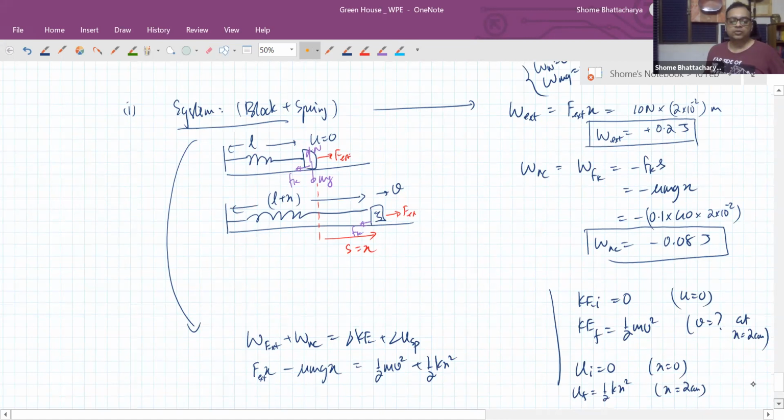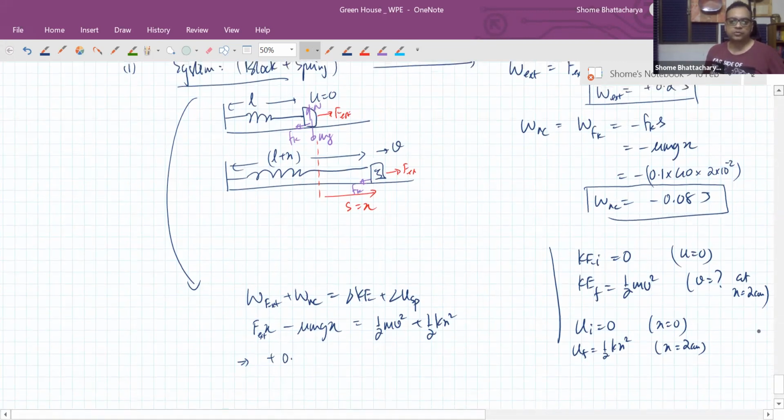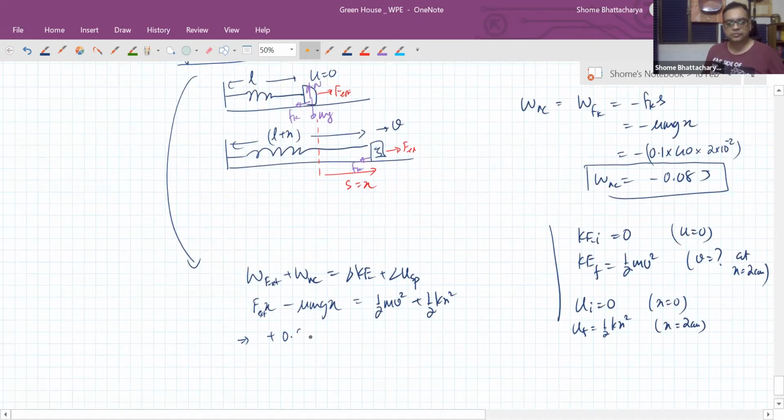Okay. So from this, what we are getting, see, this is plus 0.2 joules. Minus 0.08 joules is equal to half into 4 into v square plus half into k.